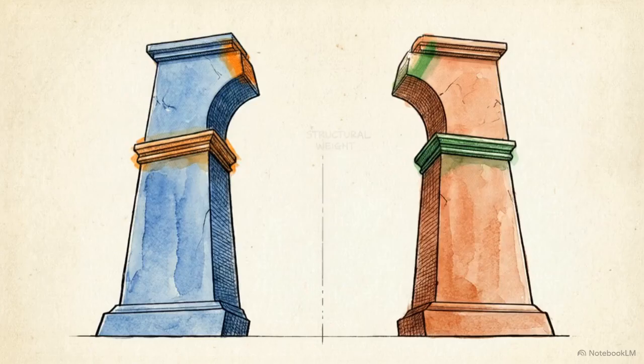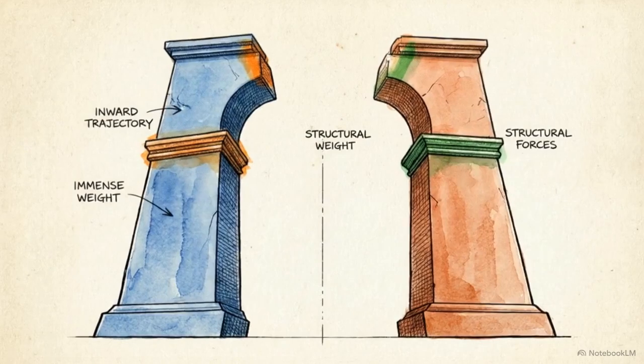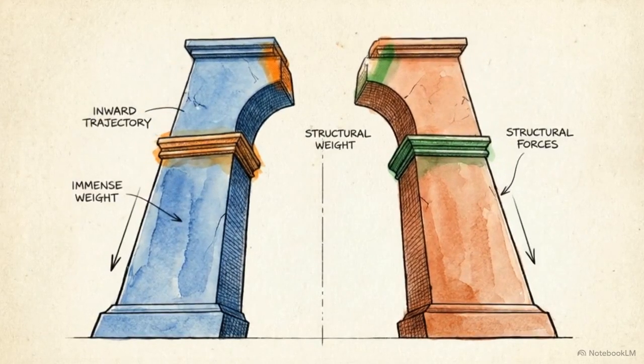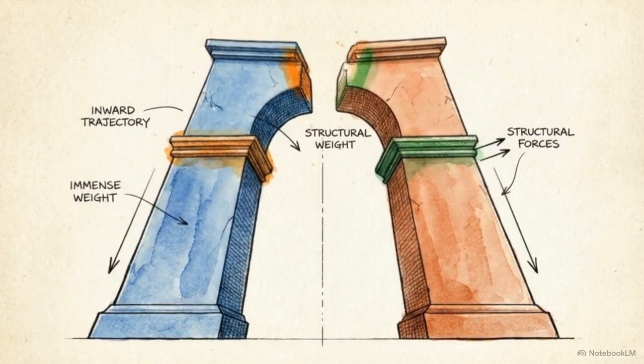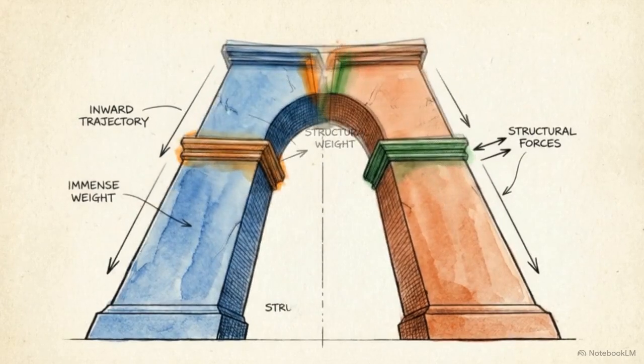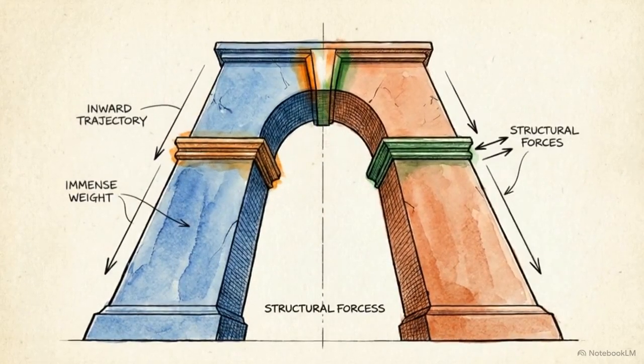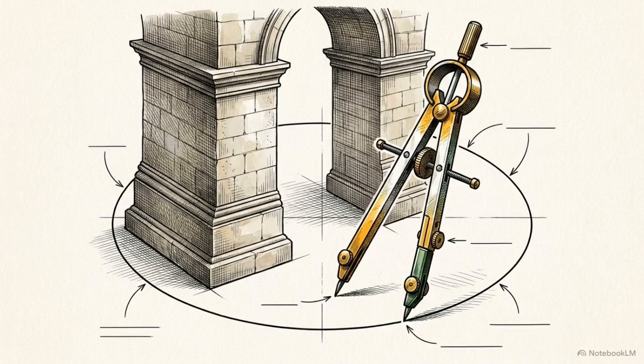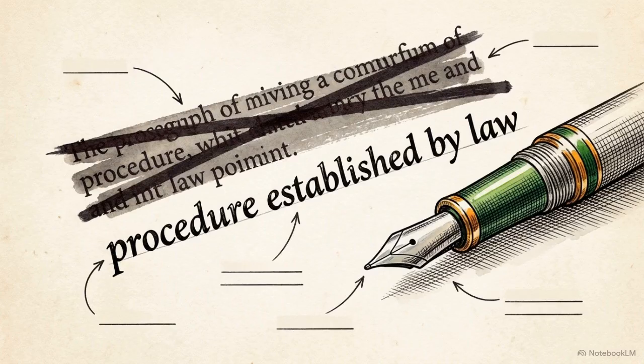The framers manufactured an equilibrium. The Supreme Court can strike down unconstitutional laws, while the Parliament retains the constituent power to amend the Constitution itself. They used precise legal phrasing to enforce this limit, opting for the narrow language of procedure established by law over the broader American concept of due process to restrict judicial overreach.